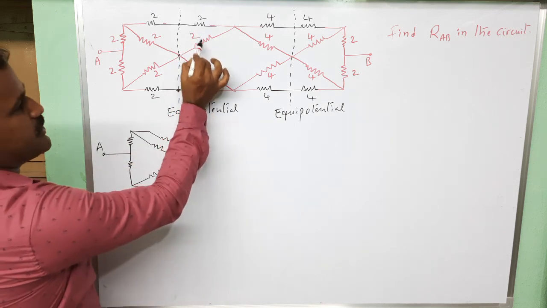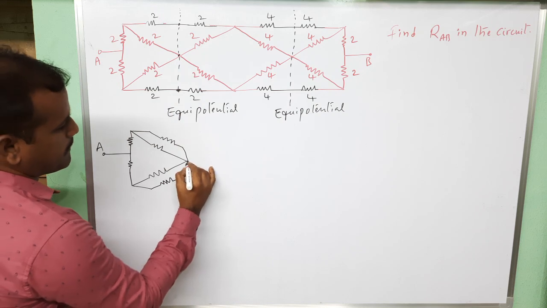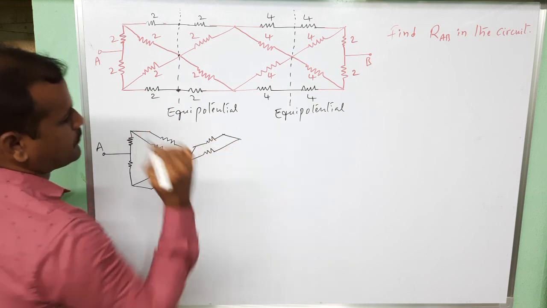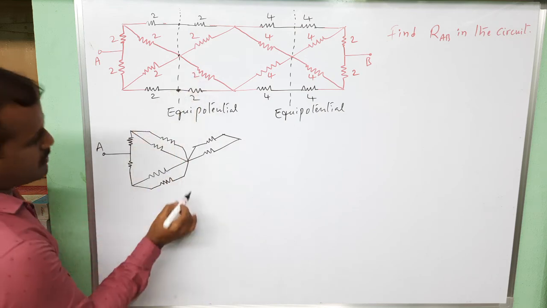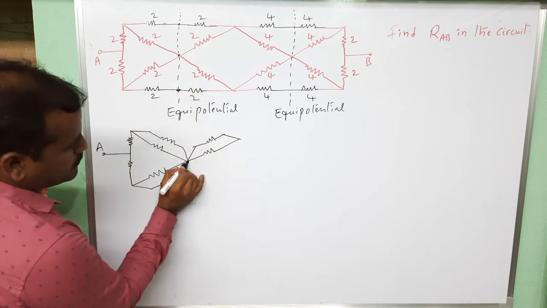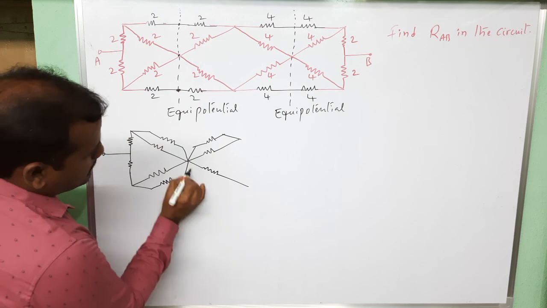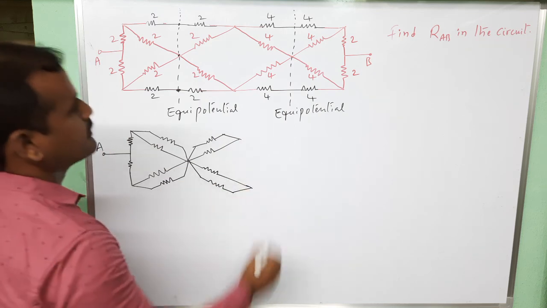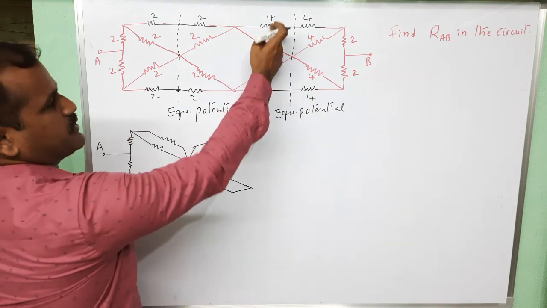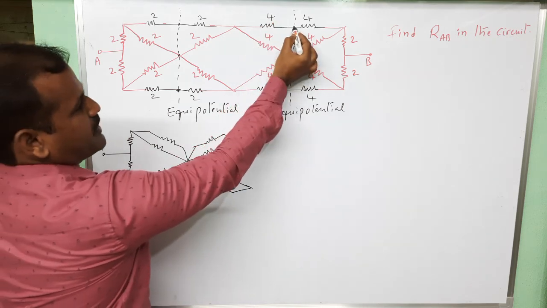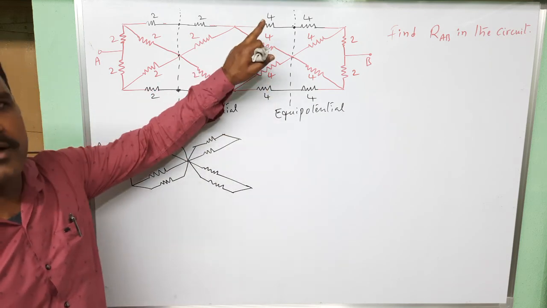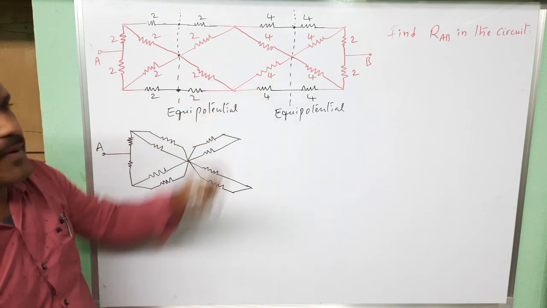Next, these two are in parallel, and these two will be in parallel. In the next step, these 4 ohm will be in parallel after combining these 2 points. You can observe, these two are in parallel and these two will be in parallel.